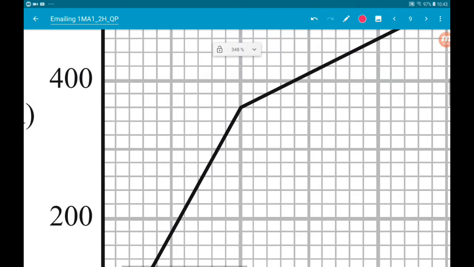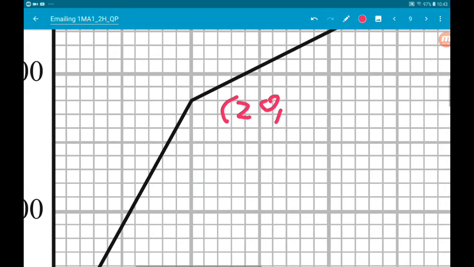So here we're at 360. So the coordinates are 20 seconds, 360 meters.